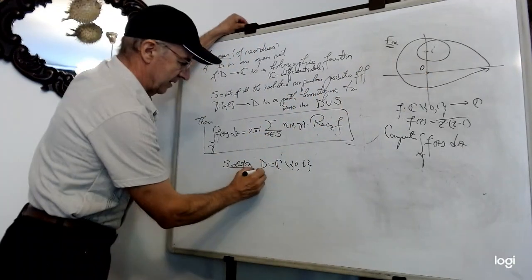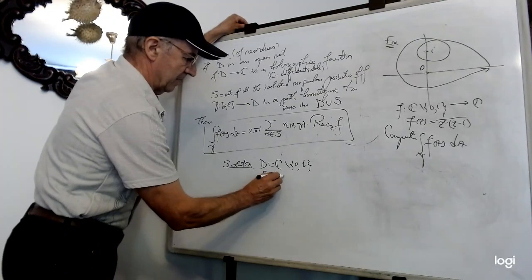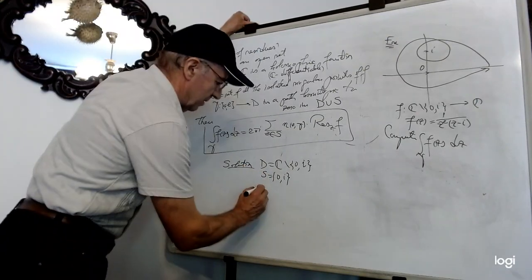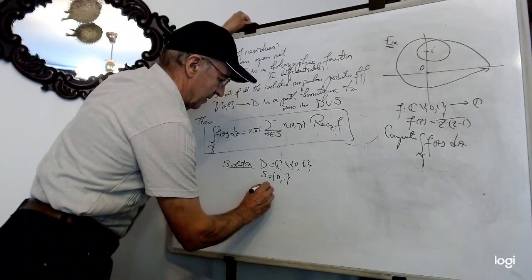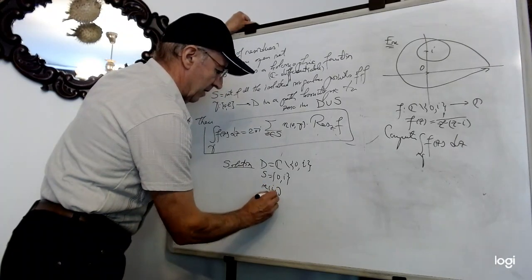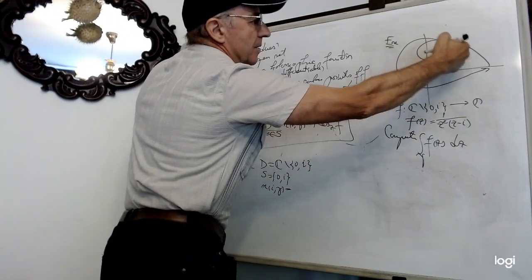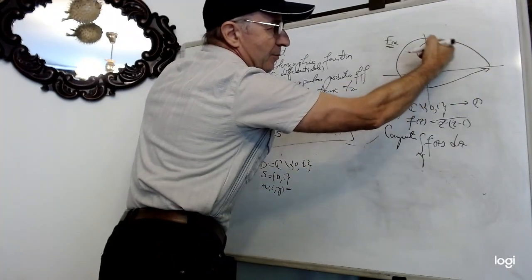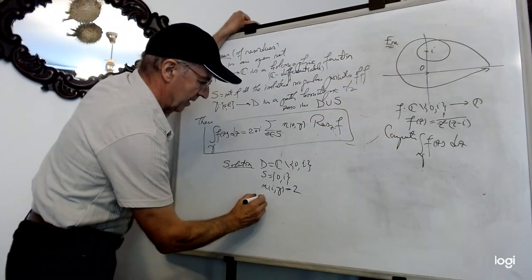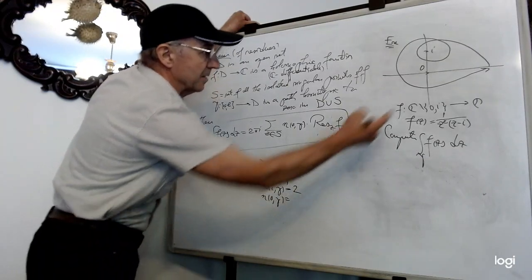The isolated singular points in this case are 0 and I. And the winding number now: the winding number with respect to I of gamma is 2, and the winding number with respect to 0 of gamma is just 1.